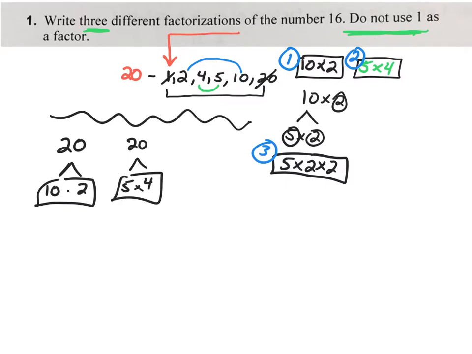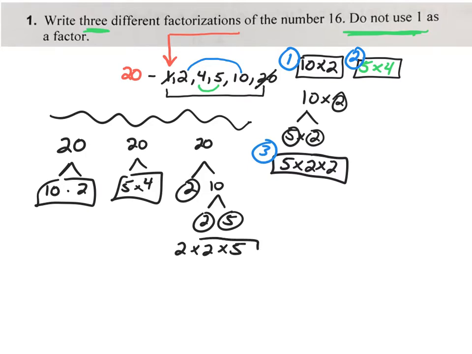There's another one. 20, 2 times 10, 2 times 5. I circle them because they're prime, and we would have 2 times 2 times 5. So there's another example of how to find 3. There's 1, there's 2, and there's 3 factorizations.